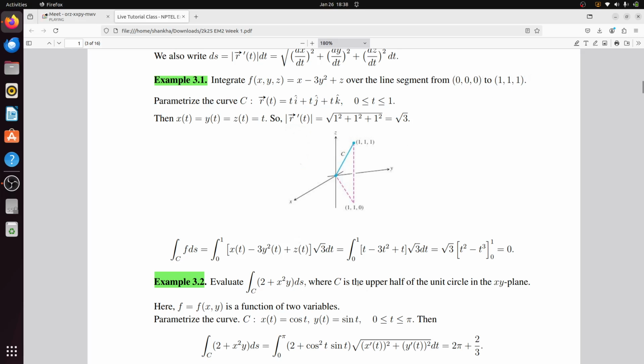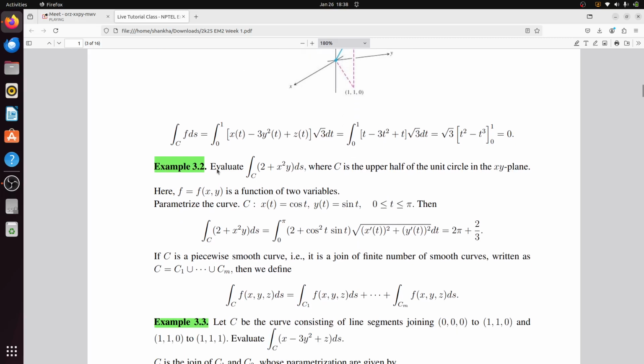Okay, so next you need to evaluate the integral over C of 2 plus x square y ds, where C is the upper half of the unit circle in the xy plane. Here f equal to f(x,y) is a function of two variables, and the parametric representation of the unit circle, that means radius 1, is x(t) simply cos t and y(t) simply sin t.